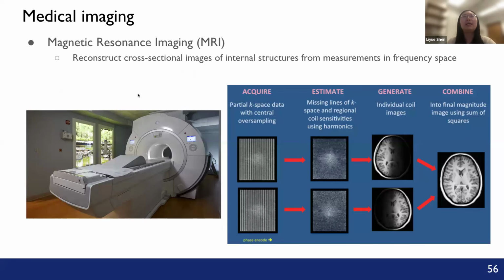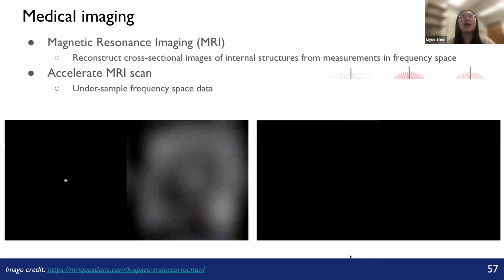And not only for CT, but also in MRI, which is another medical imaging modality, with a similar goal to reconstruct the cross-sectional images of the internal structures of the subjects, but not from the same acquisition space. For MRI, we actually do the acquisition in the frequency space, or the k-space data that you may already know in the MRI community.